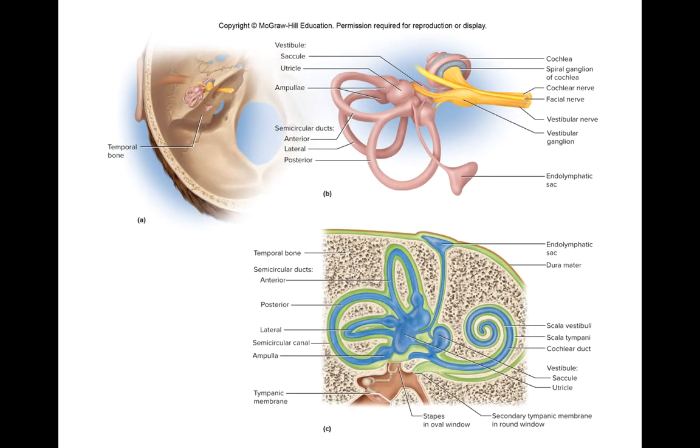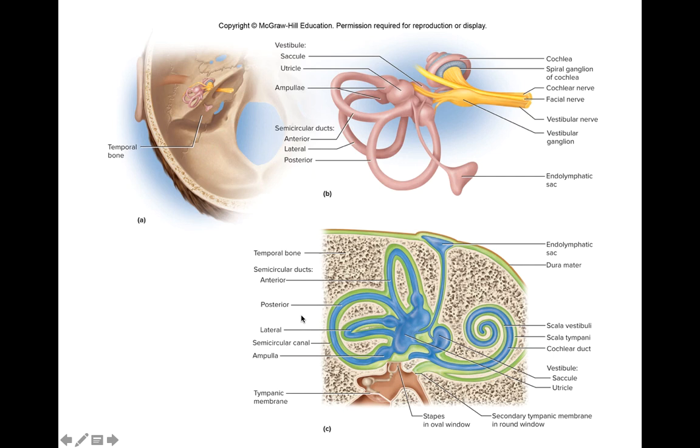So here you can kind of see where this is sitting in terms of the temporal bone here. This is what it looks like if we take everything out. So here's your cochlea, here's the vestibule right here, and then here are your 3 semicircular canals. Here you can kind of get the feel for the bony versus the membranous labyrinth.